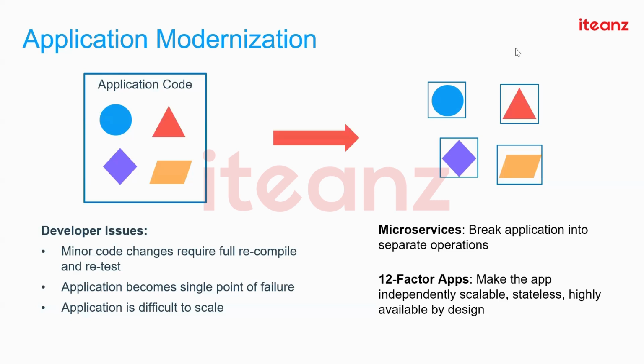The application also becomes a single point of failure, because if something goes wrong, that server is down and your application is down. An application is difficult to scale, because either you have to increase the resources, or you have to create a duplicate application, which takes time because people used to do it manually. Even with automation, booting up the server and installing it takes some time.